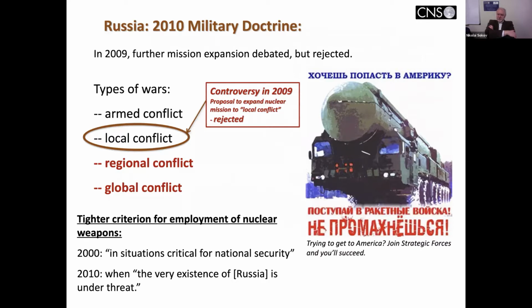So from a critical situation to the situation when the very existence of Russia is under threat. So once again, we have a lower chance of nuclear use that's postulated in the 2010 military doctrine.